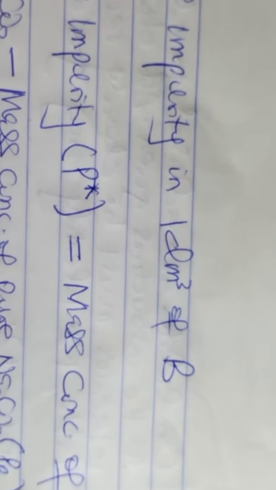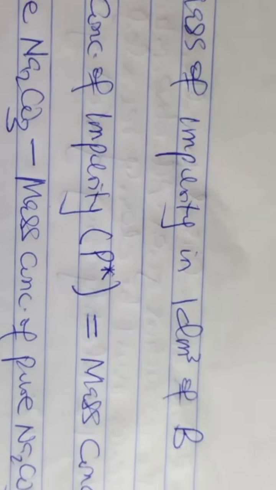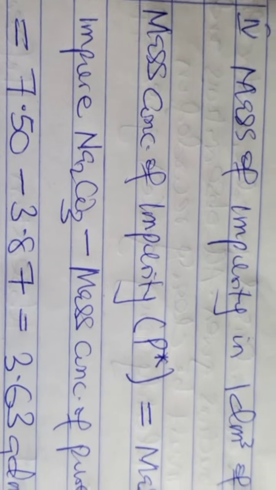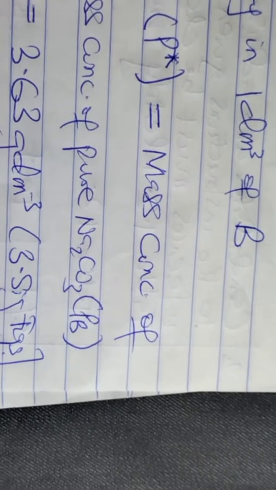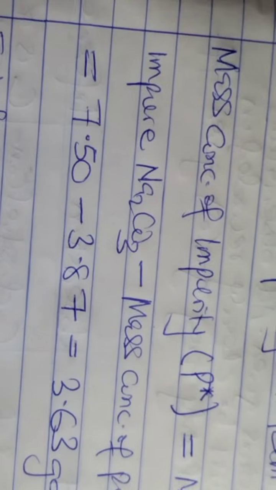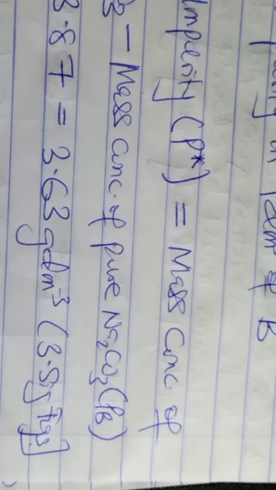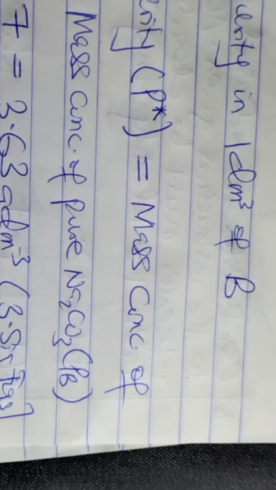Question number IV says mass of impurity in 1 dm³ of B. Because we are told that B is an impure substance. So the mass in 1 dm³ is what's called the mass concentration. So we can now say the mass concentration of impurity, which you can call ρ*, equals mass concentration of impure sodium carbonate, given to you in the question, minus mass concentration of pure carbonate, ρB, which you obtained in the previous question.